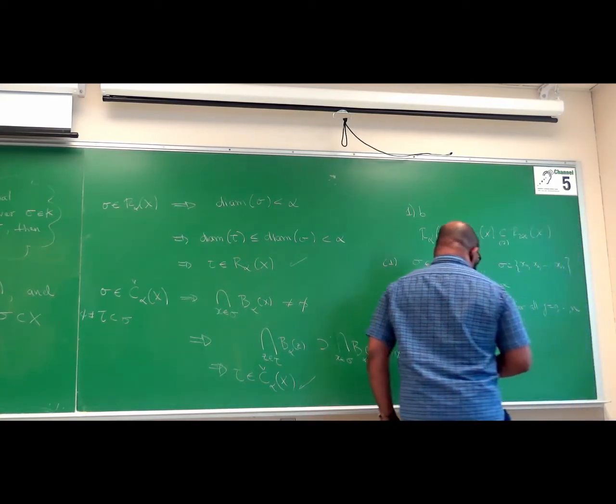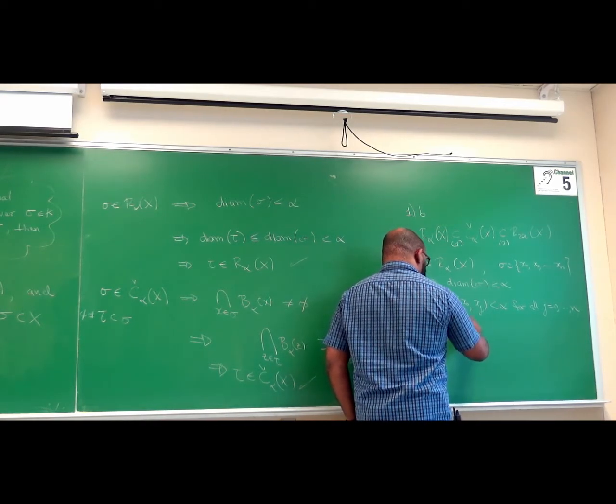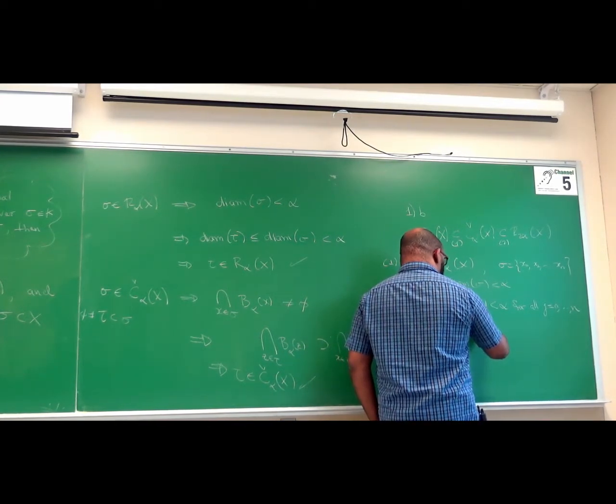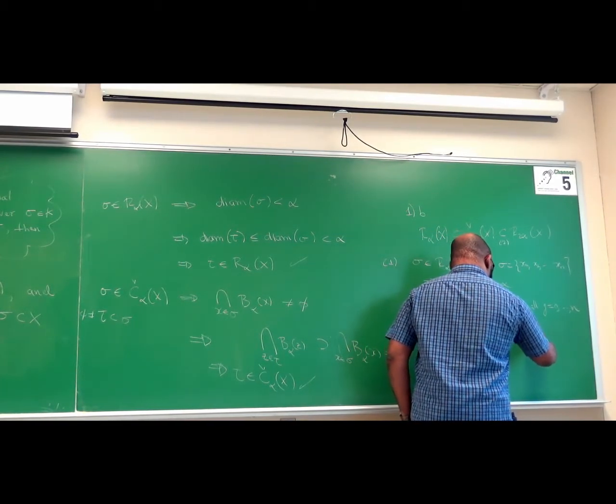Then this implies that x0 is in fact in the ball of radius alpha centered at xj for all j.